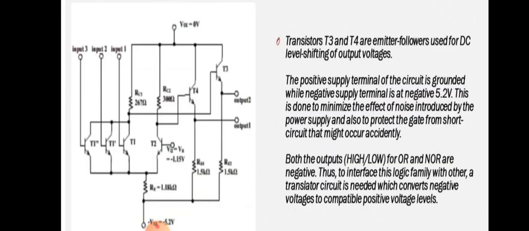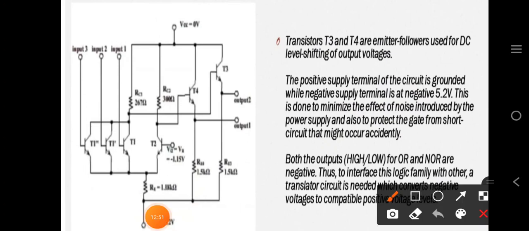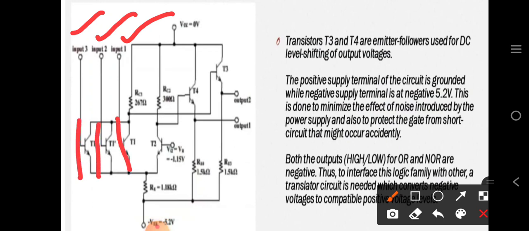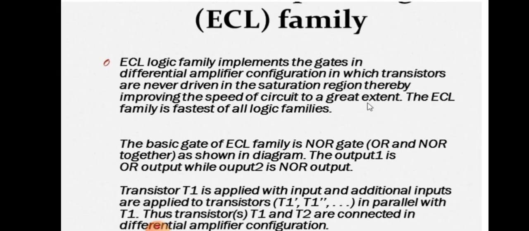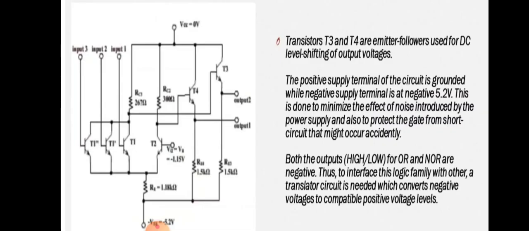In this figure you can see there are multiple inputs, input 1, input 2, input 3. So here T1 is connected in parallel with the other transistors T1, T2, T1 dash and T2 double dash, like this. After that, VCC here is the positive side and this is the negative side.